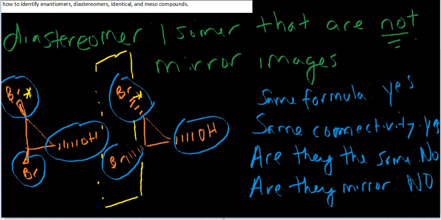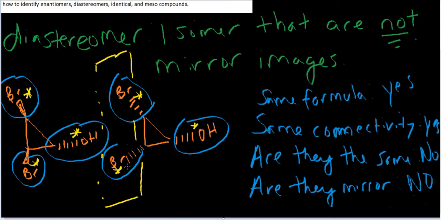This OH group right here is going back, so it's supposed to be going back in the mirror, which it is, so that's good. But the whole molecule has to be a mirror image. If you take a look at this bromine and this bromine, this one is coming out at you, this one is going back. So that doesn't make any sense.